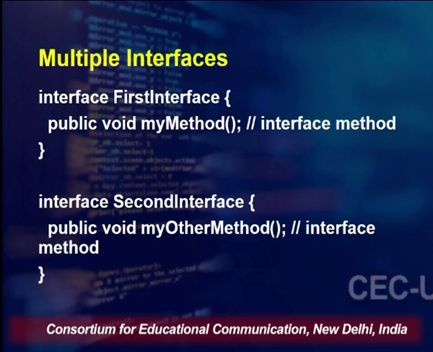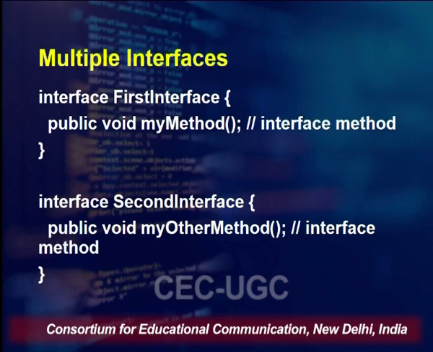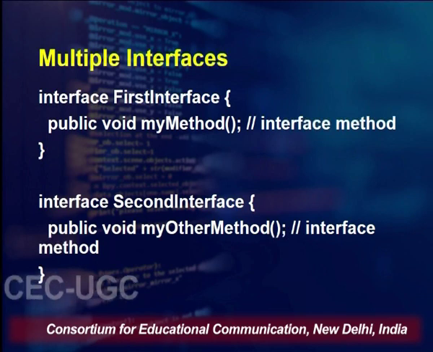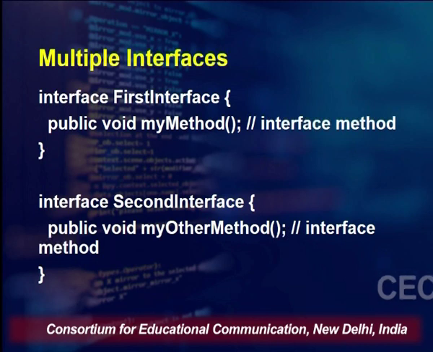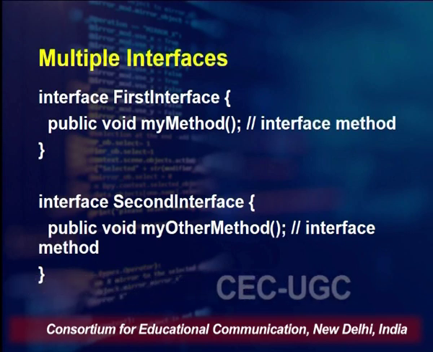Similarly, another interface, second interface, has public void my other method as the name of the method contained inside this second interface, and because the method belongs to the interface, it also does not have any body.